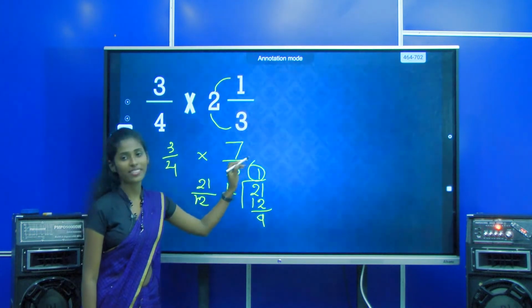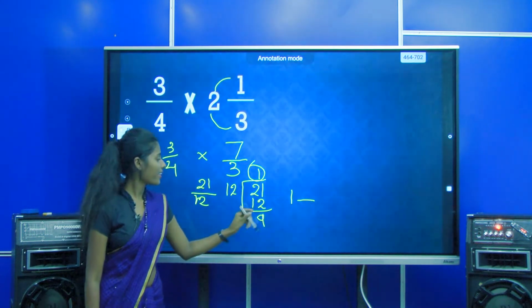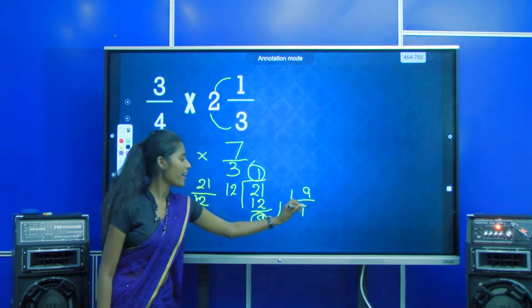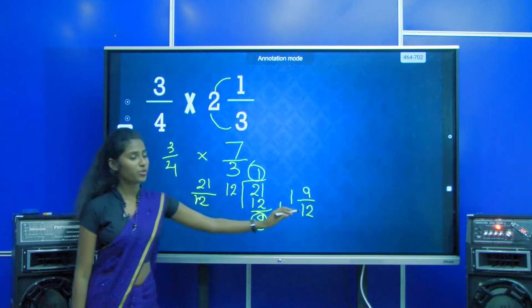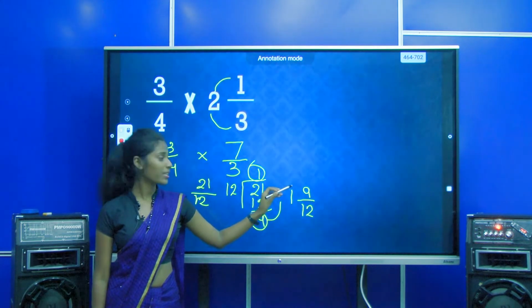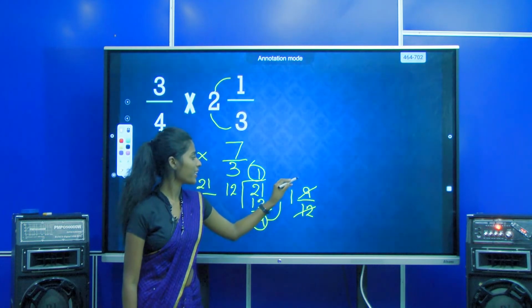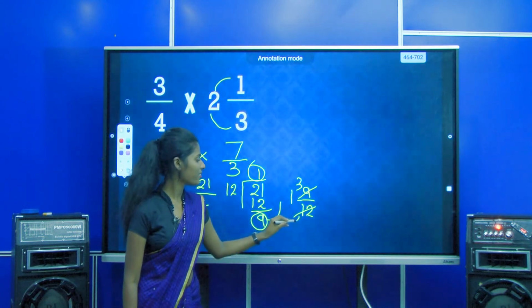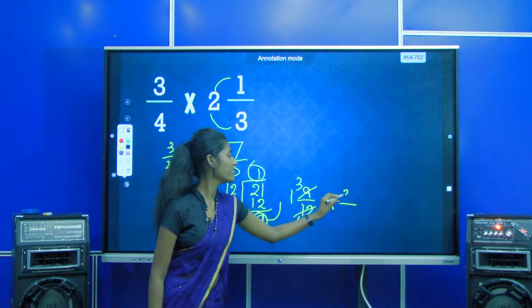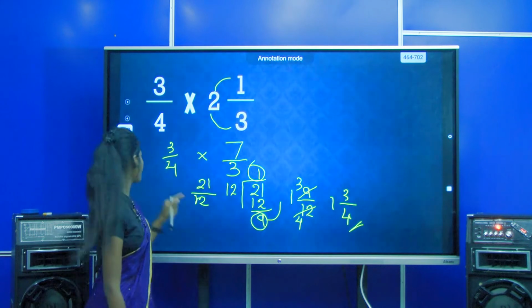So this 1 is the whole number and this 9 will be the numerator and 12 won't change, 12 is the denominator. Here you can see, you can simplify it further. So you can divide by 3, 3 times 3, 3 times 4. So the answer is 1 and 3 over 4. This is the final answer.